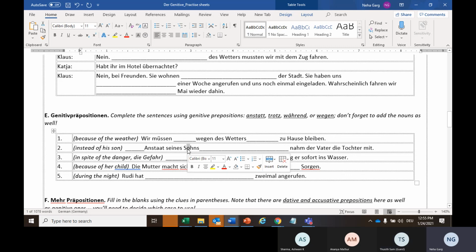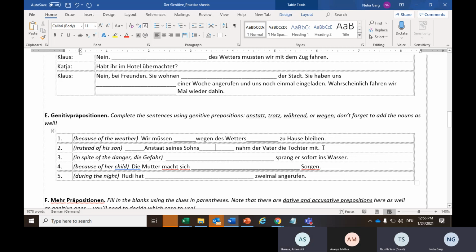Einsilbige, no? So, Sohn, S. And what does this mean? Anstatt seines Sohns nahm der Vater die Tochter mit. What is nahm? Mitnehmen. So that is like past tense. Took. Okay, so instead of a son, he took the daughter with him.